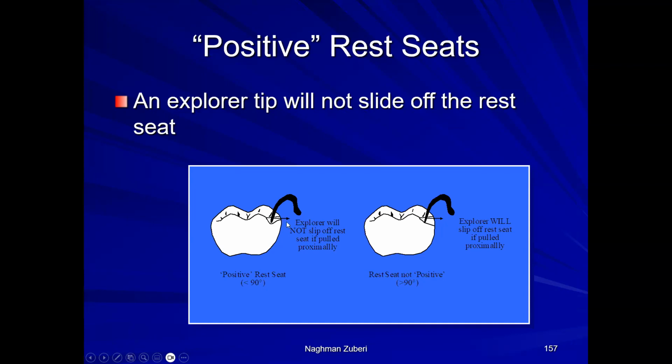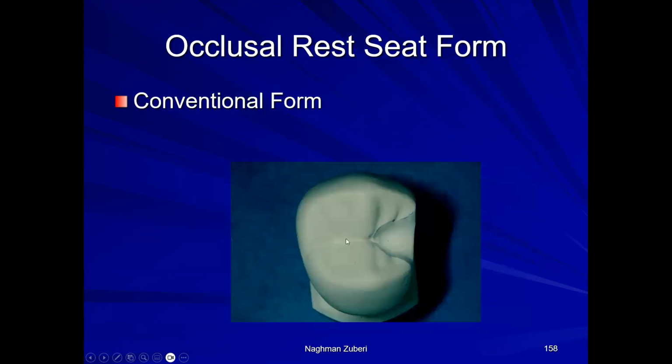If it is not lifted away from the surface while you are pulling it out, it means the central portion was deepest, and you have a positive rest seat, which will give us a 90-degree angle between the occlusal rest and the minor connector. If you prepare it otherwise, while you are pulling it away, there will be a gap between the tooth surface and the explorer, which is not going to give you the positive rest seat. So remember this thing as well.